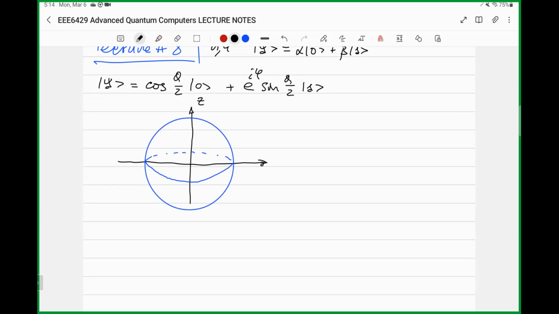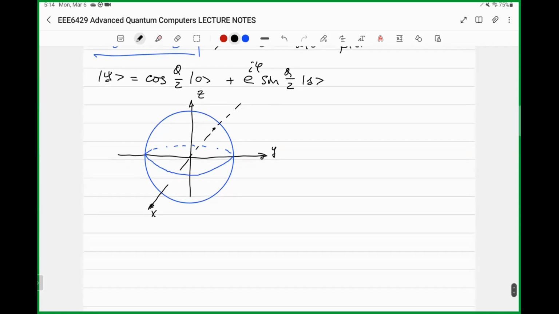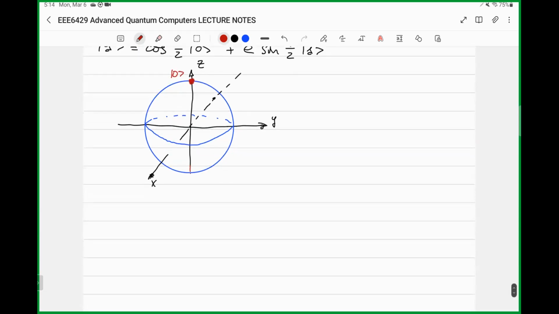This is the axis z, this is axis y, and this is axis x. For example, the state 0 is represented by this point on the sphere. This is the state 0. This is the state 1.